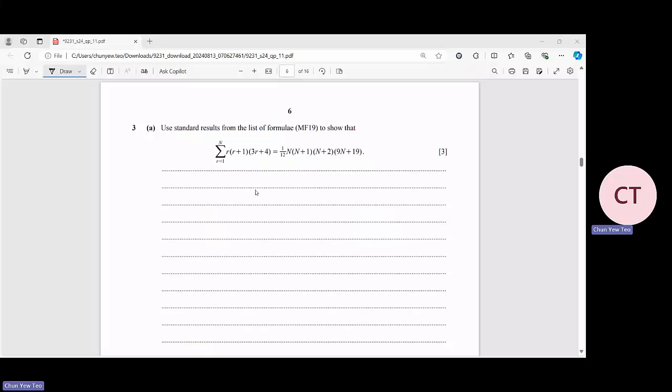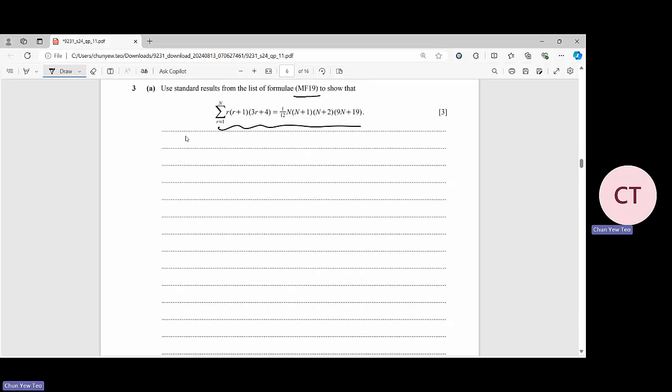Now question number 3, use a standard result from the list of formulae MF19 to show that this summation is true. Okay, so what you need to do now is we just need to expand them. If you expand them, you get 3r cubed plus 7r squared plus 4r.